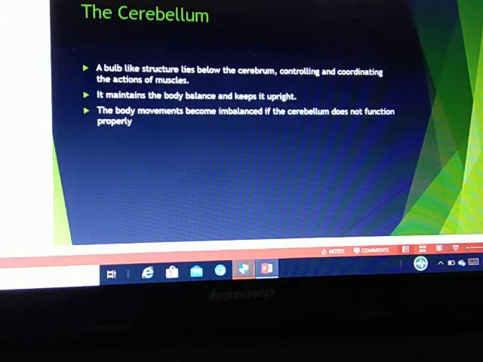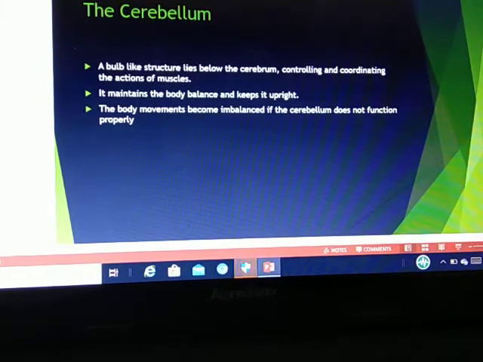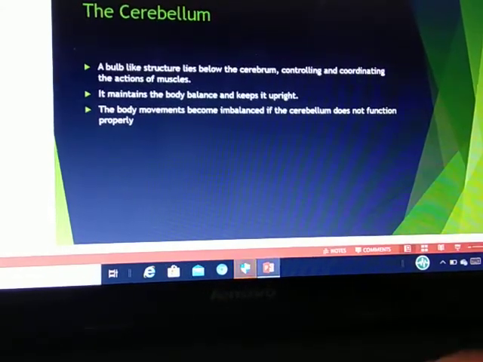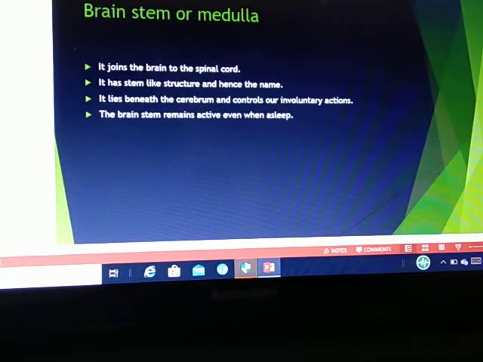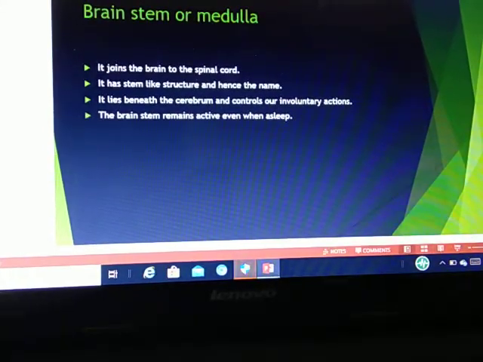Okay students, now we are going to study the last part of the human brain, that is the brainstem or medulla. This part of the brain connects the brain to the spinal cord. Medulla is responsible for the involuntary action of our body. Recall that voluntary action is controlled by which part of your brain?